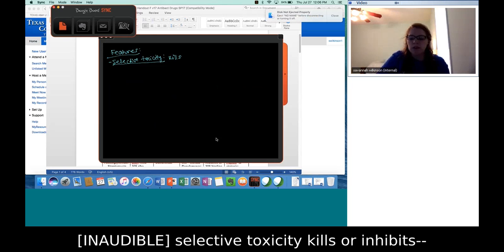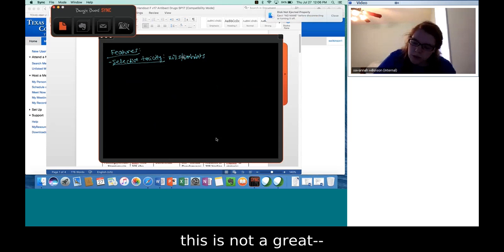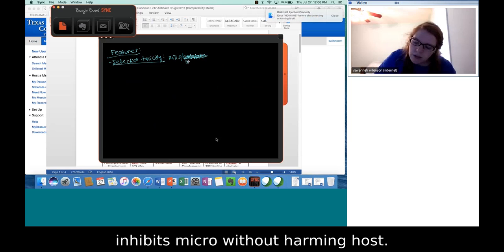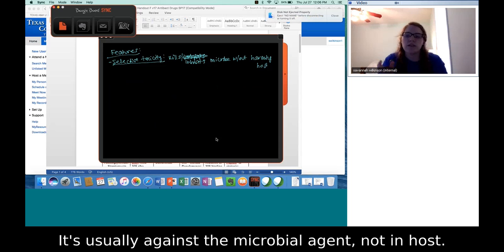Selective toxicity kills or inhibits microbes without harming the host. It's usually against a microbial agent, not in the host.